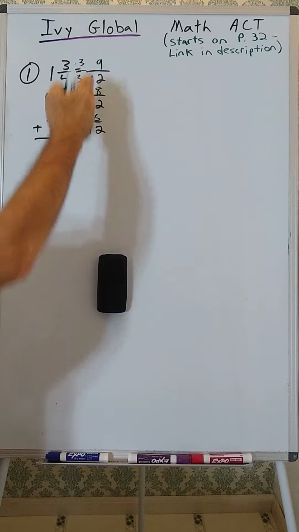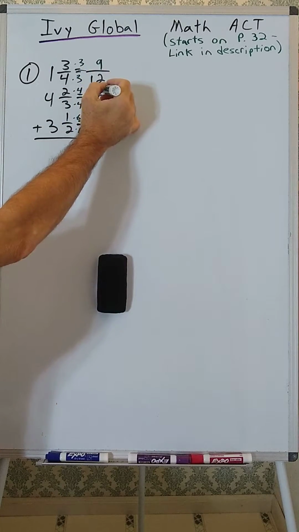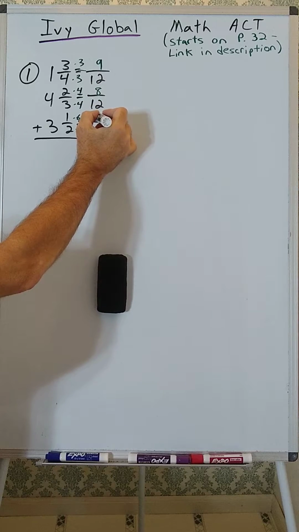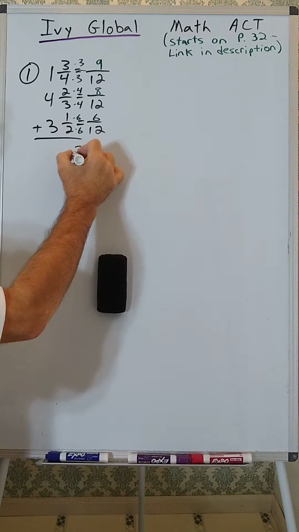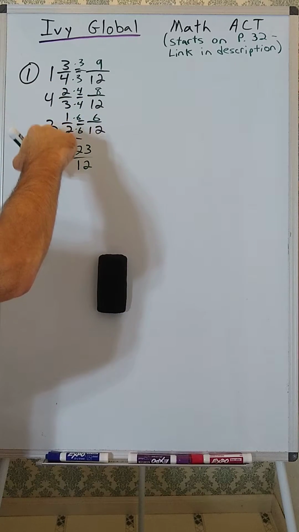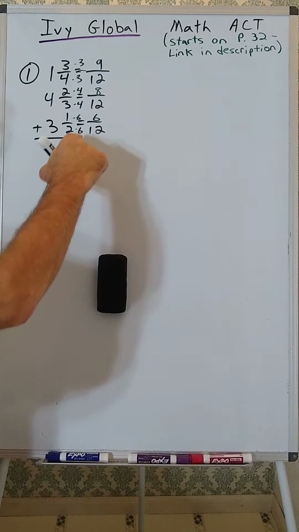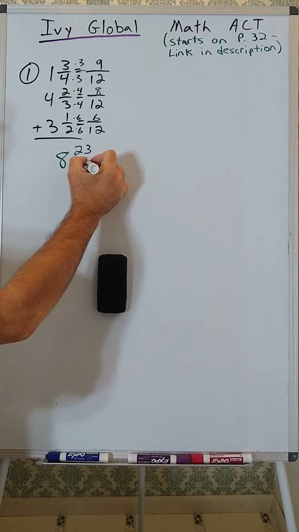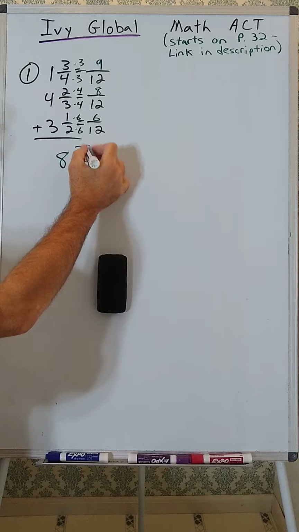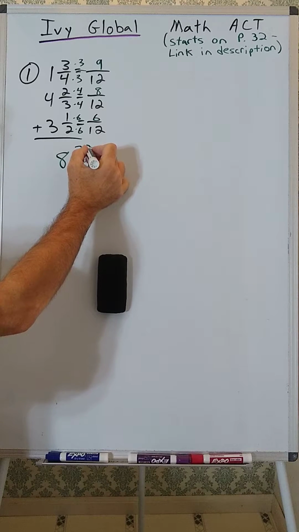Alright, so now we have a common denominator. We can add those fractions. 9 and 8 is 17, plus 6 is 23. So we have 23/12. And then 1 plus 3 is 4, plus 4 is 8. Okay, this is greater than 1. 24/12 would be 2 wholes. So this is 1 less than that.